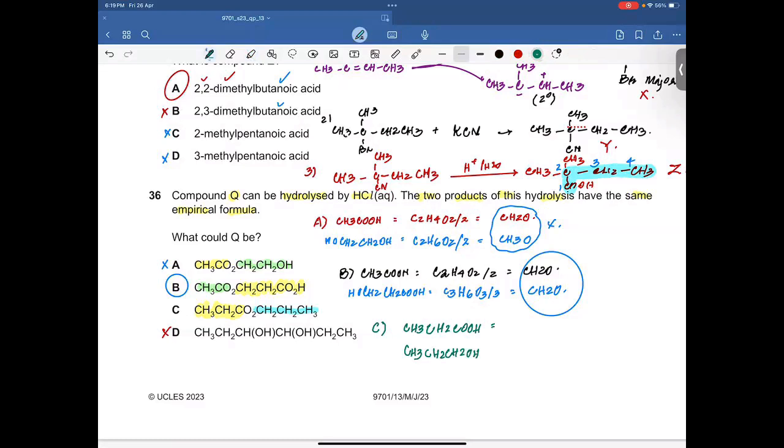Now, total carbon atoms, we have 3. 3 times 2 is 6 hydrogen, and we have 2 oxygen. We really can't find the empirical formula from here.